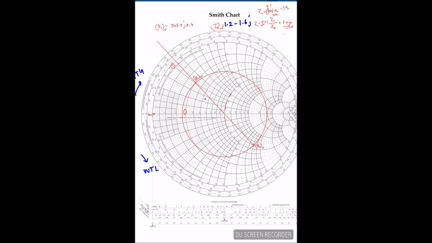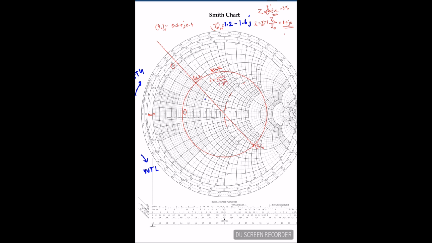So in this r equals 1 circle, this is called the VSWR circle. You know that when I draw a constant circle on any load impedance, that gives me the VSWR circle. The radius of the circle remains constant, so VSWR also can be written as S, which is 1 plus gamma divided by 1 minus gamma.